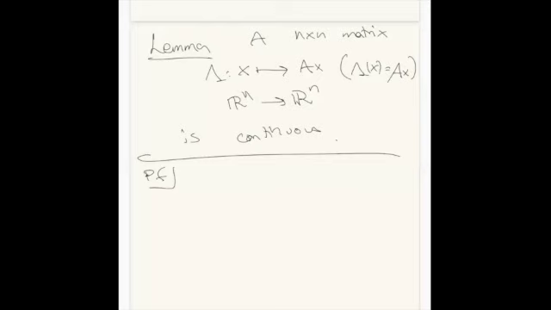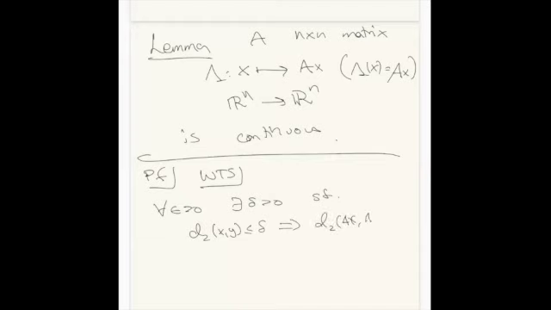What it requires is that we have to show the definition of continuity, that for every epsilon positive, there exists a delta positive, so that if the distance on the domain side is less than delta, then the distance on the image side is less than epsilon. And this should hold for every x in this space as well.